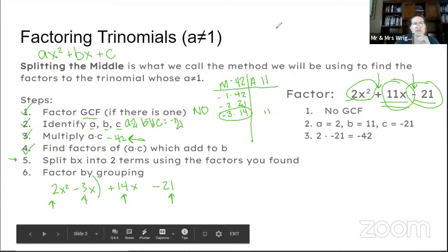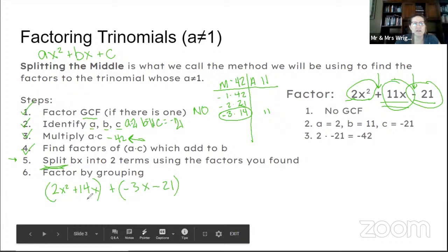So I'm actually going to change these around a little bit and put the 14 first. So a positive 14x and a negative 3x here. Now what I want to do is put some parentheses around these. Okay, this is a part of the splitting. You notice I put a plus in between them because we're not multiplying them, we're adding them.